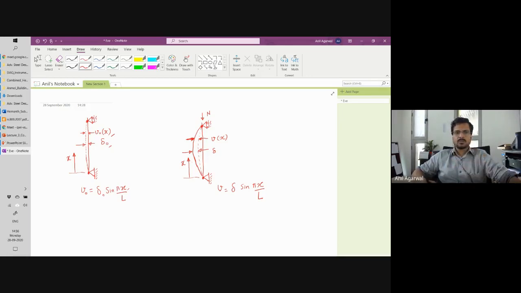No questions, right? Everything seems to be okay. So this is just the imperfection in the column, and this V is the actual deflection. Fine.